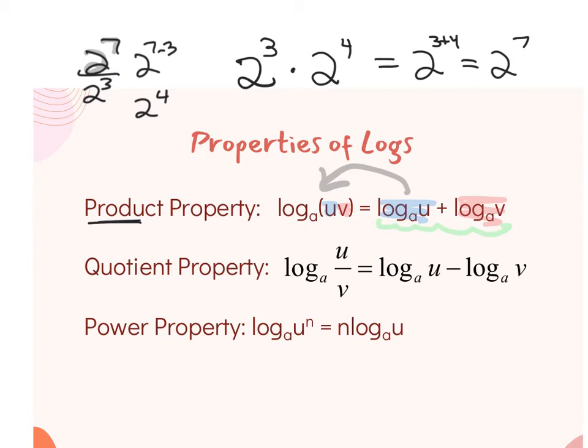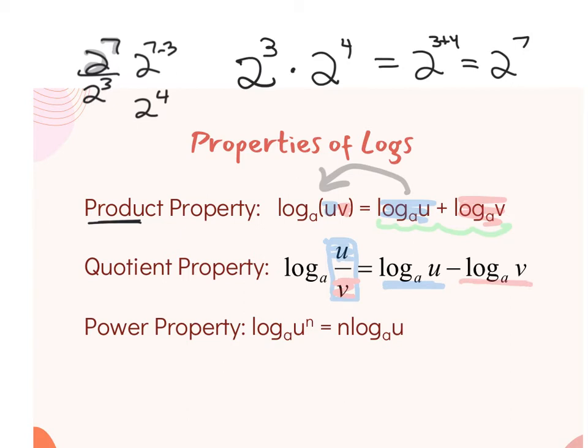So same thing here. If you're starting out with a division problem and they ask you to expand it, you're going to take the numerator, give it its own log word, and then take the denominator, give it its own log word, and then subtract them.